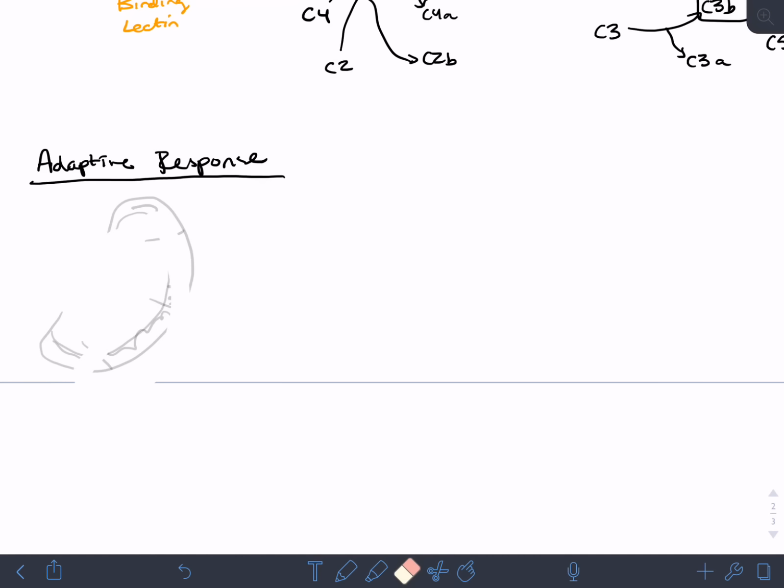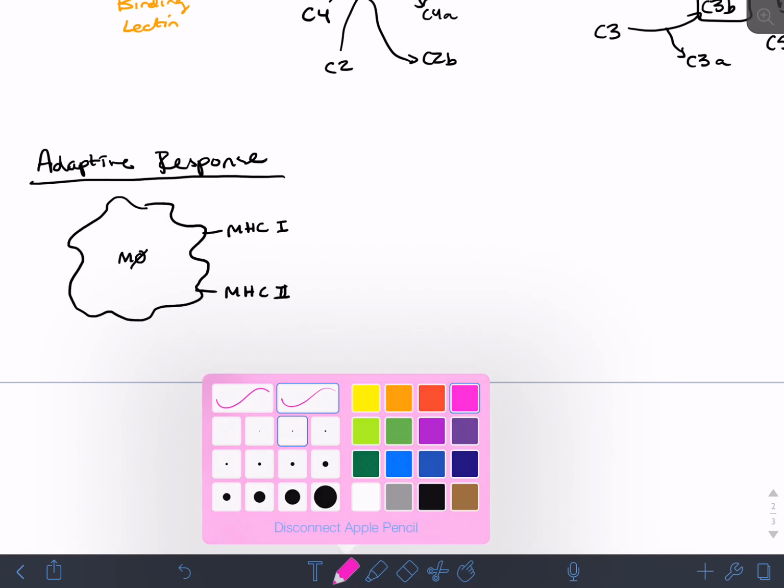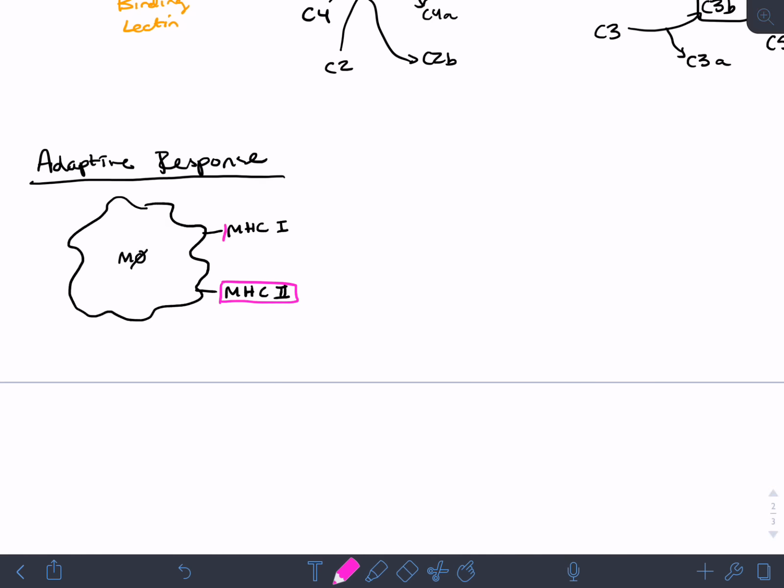So in this portion of your lymph, you have macrophages, the same exact macrophages that were the initial responders. These macrophages come, and we have on them MHC class 1 and MHC class 2 that are presenting our antigen of interest. Okay? That's the first thing that's going to happen. They're going to come over here.